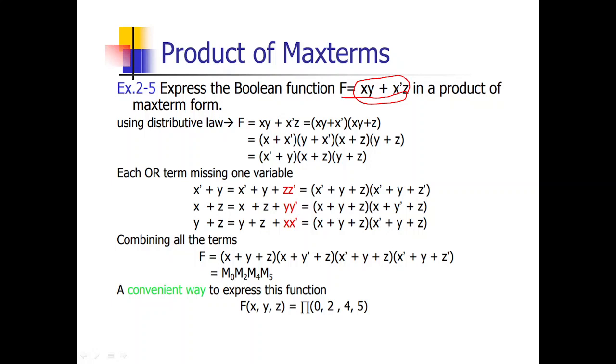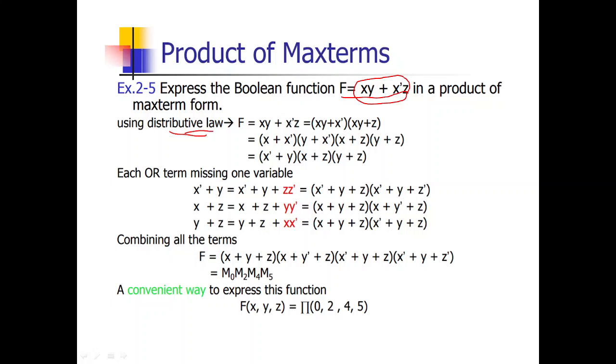If it is directly given as product of sum, then we can convert it to product of max terms. Here the Boolean function is given as sum of product, so it is first converted to product of sum. So how is it converted? Using the distributive law.